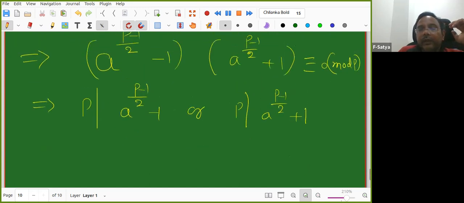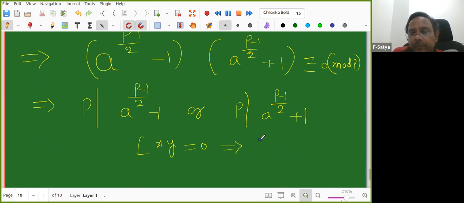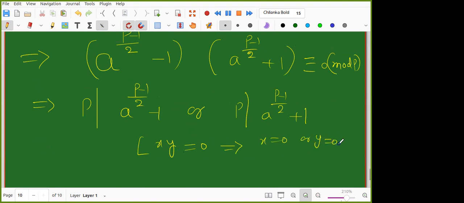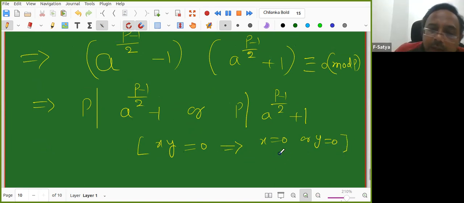In mathematics, this is one nice place to understand: we have OR, meaning either this happens, and both can also happen. You remember? x and y are two real numbers. x times y equal to 0 implies what? x equal to 0 or y equal to 0, or both can also be 0. That is allowed. That is inclusive OR.